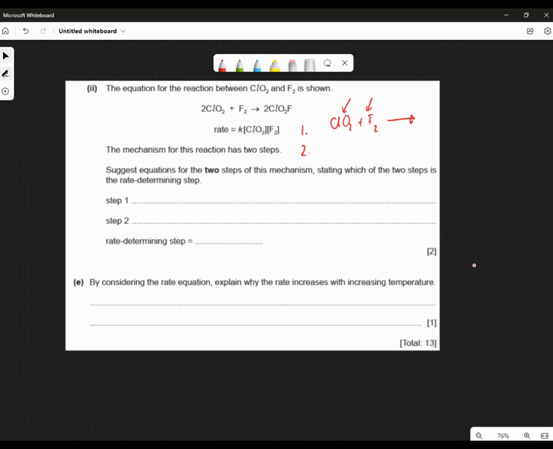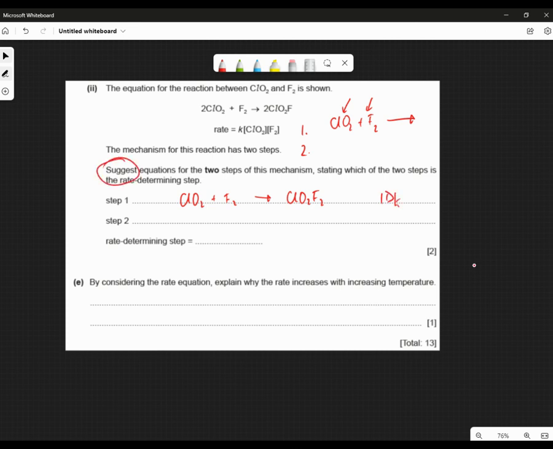So let me try and show you what I mean. I don't know what the mechanism of this is, but I'm just going to guess. I'm going to say the first step is one of these molecules reacts with one of these. What does it form? I have no idea what it forms. I'm going to say they create some sort of bigger molecule. I don't know if this is true, but it suggests.